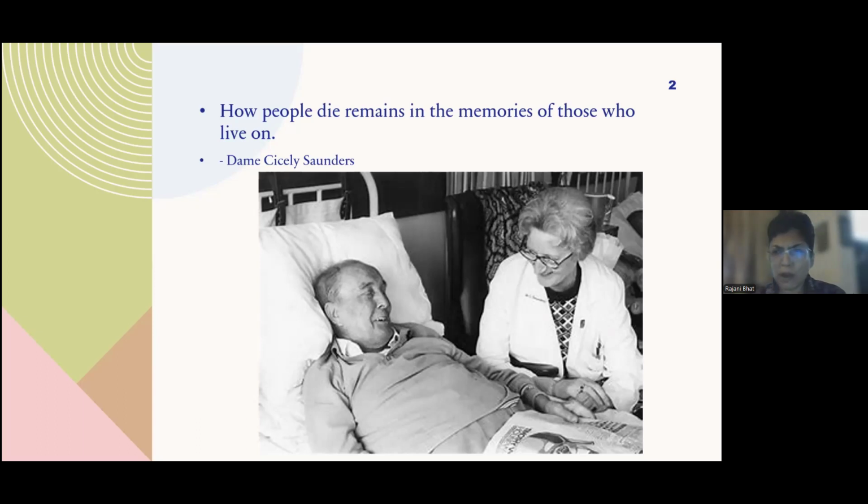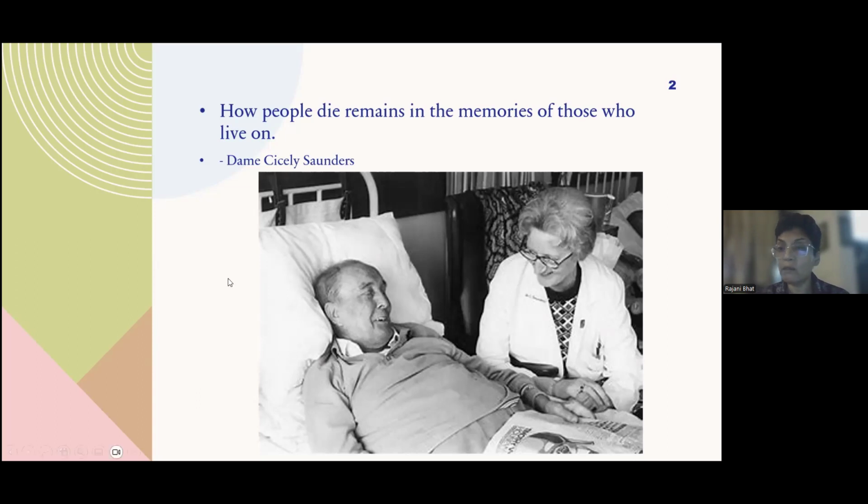And one of the most powerful statements that she gave to the palliative medicine community to keep in mind as we carry on our everyday work is that how people die lives on in the memories of those who live on. So the manner in which we die affects not just the patient, but also the people who are with that person at the time of death.